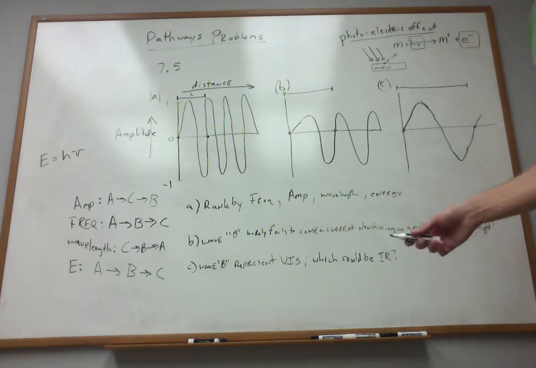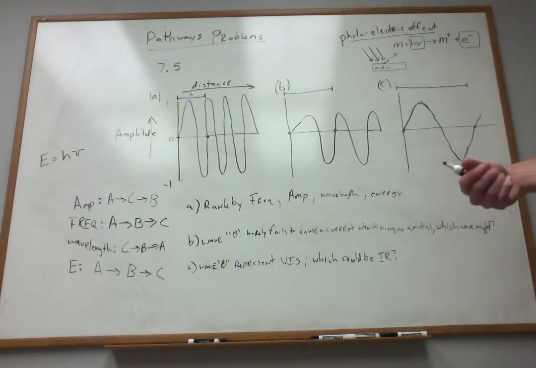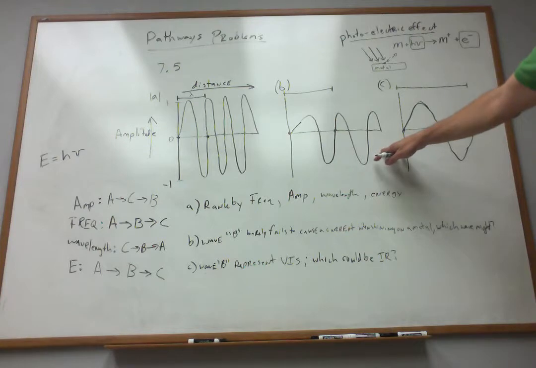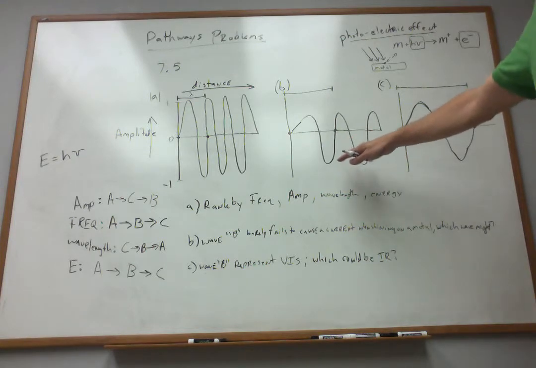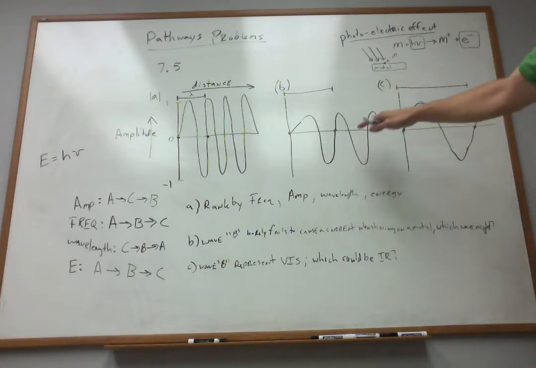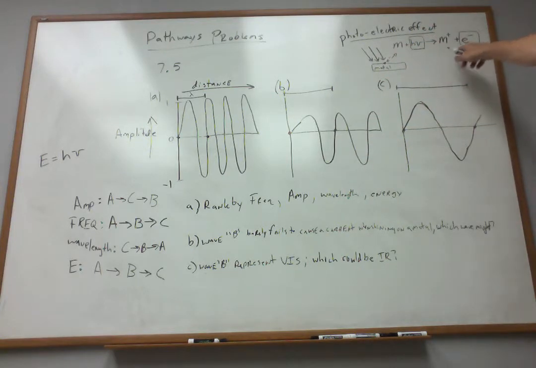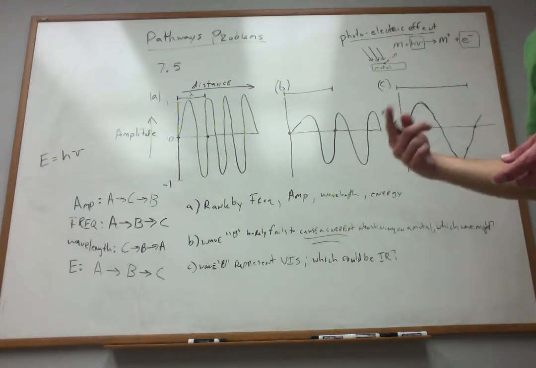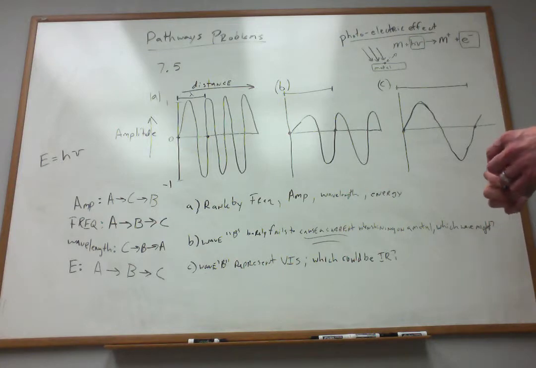So what problem B is getting at is that this wave just barely fails to cause a current. So the energy of this wave is just barely insufficient to make this reaction go. Because if the reaction goes, we get electrons, and we can collect those electrons at an electrode, and that causes a current, okay? So that's what they mean by cause a current.